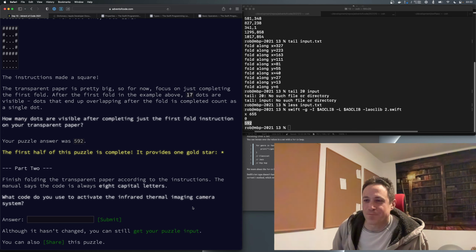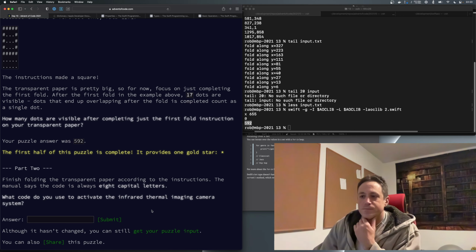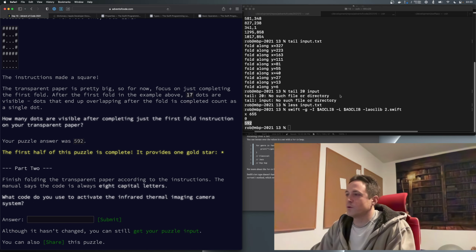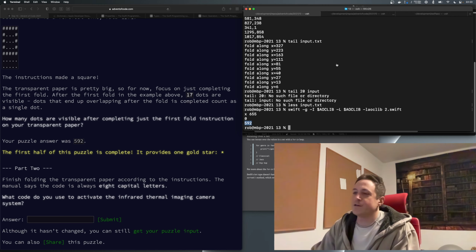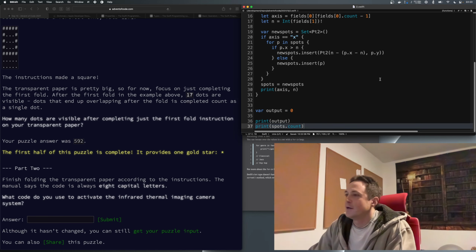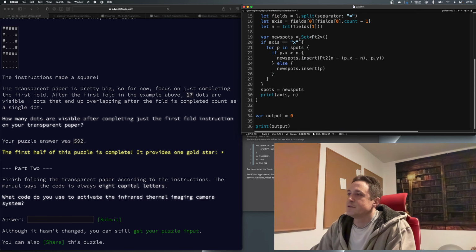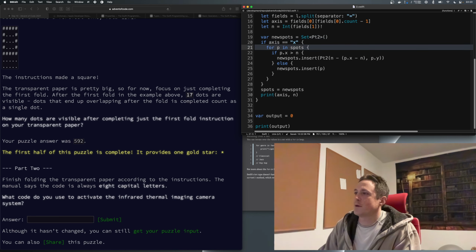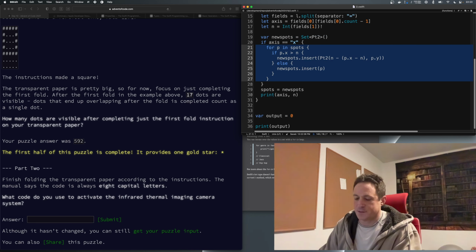Finish. Okay, so we need to do all these folds and then we need to visualize, I guess, to see what we get. So let's do this again.